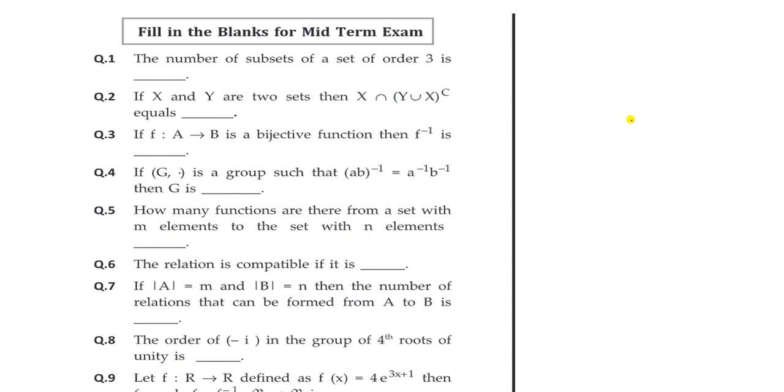This one is actually out of syllabus, but I will discuss it here because it is important from the GATE point of view. So here (AB) whole inverse is equal to A inverse B inverse. There is no change in the values for this product. So we can call G an abelian group, an abelian group.